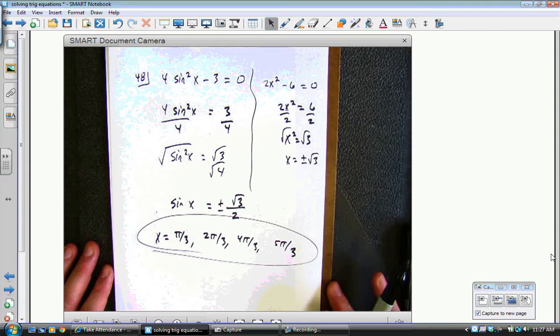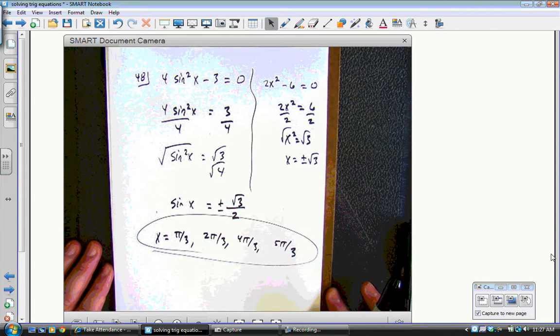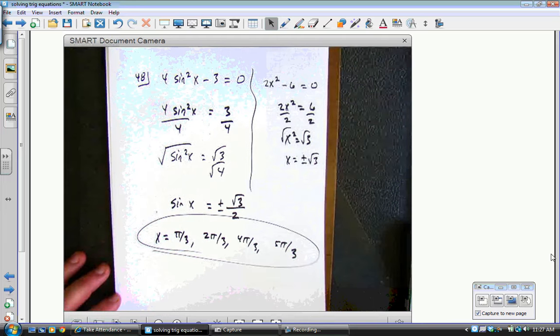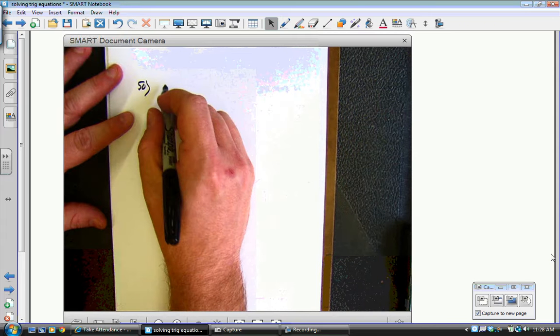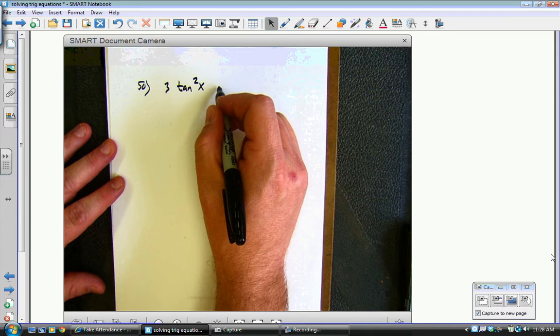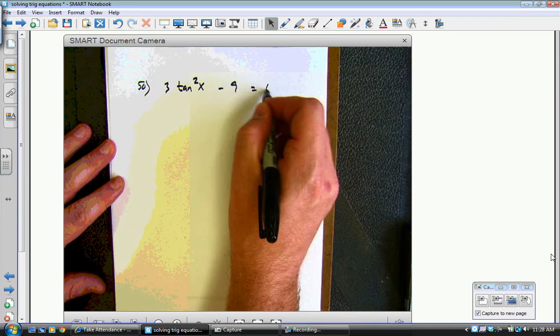Okay. Now, 50 is another one that's kind of similar here, where we use the square root method. Do y'all want to do number 50 or are we good here? You want to do it? Okay. Now do me a favor because I don't have it in front of me. Call it out. I mean tangent squared. Okay. So now we would add the 9 over first, right?